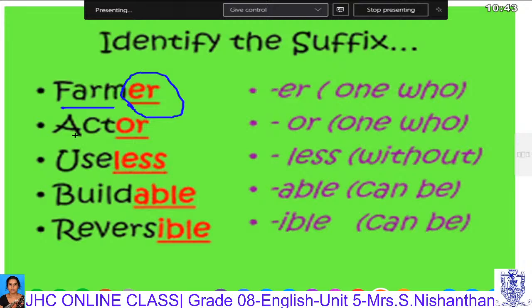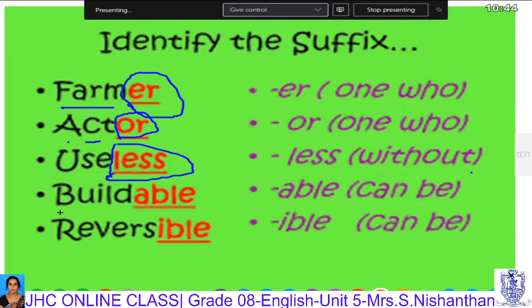Right? Act. This is a verb. Act. When we add or, it becomes a noun. Actor, a person. Right? Use, verb or noun. When we add less, meaning without, it now becomes an adjective.